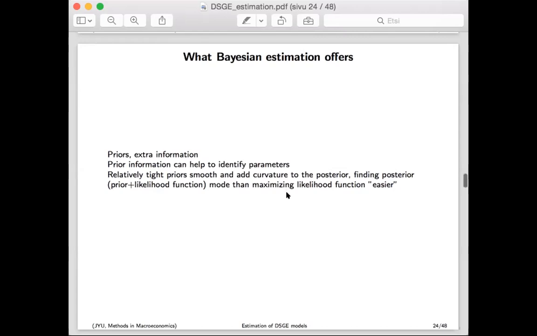But often quite tight priors are needed for estimation of DSGE models, at least for some parameters. There have to be tight priors to identify these.